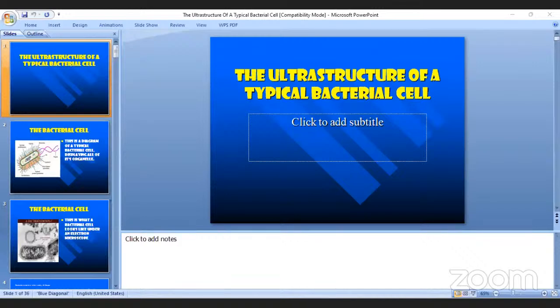Where is nucleic acid present in any organism? In the nucleus. Yes, in the nucleus. But is the nucleus present or absent in bacteria? Nucleoid is present. DNA is there, sir.